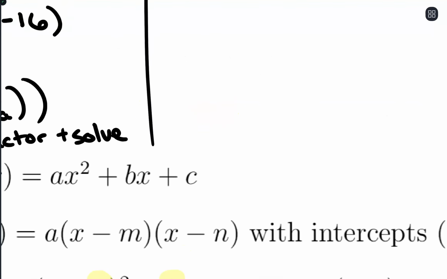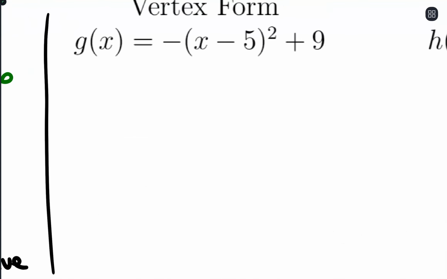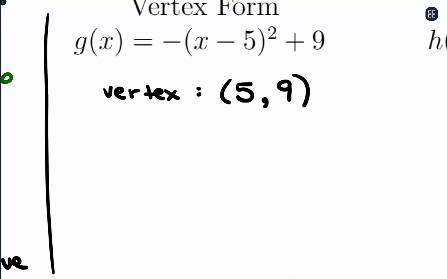So let's go up to this example here, where we see in the parentheses x minus 5 squared. That means the vertex has an x coordinate that is +5. So even though I see x minus 5, we expect that minus to be there, so the x coordinate is actually a +5. And then nothing special with the y coordinate, you just copy whatever there is, so we see a +9, so that's a +9.